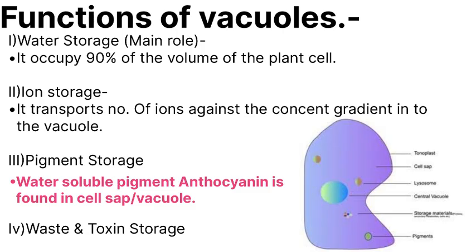Water storage is a main role of their function, where the vacuoles hold a large amount of water in their cell sap, which maintains their turgor pressure, which keeps the cell rigid and supports the plant structure also. Then it also stores some important inorganic ions, such as potassium, calcium or chlorine ions.